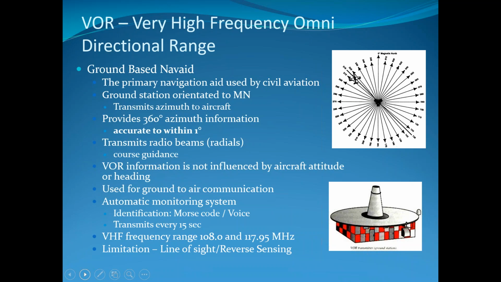He can turn that up, and every 15 seconds it'll play the identifier, a Morse code. It'll do the beeps. Obviously, you'd have to know Morse code to figure that out. But a lot of them will also say, this is the St. George VOR. So they'll say it and they'll have the Morse code.